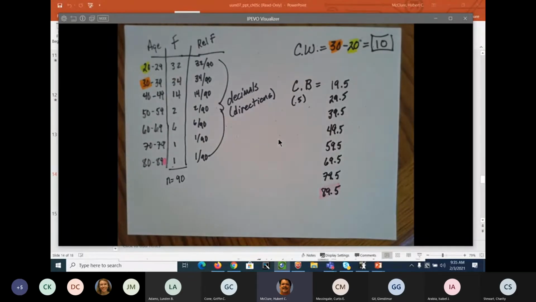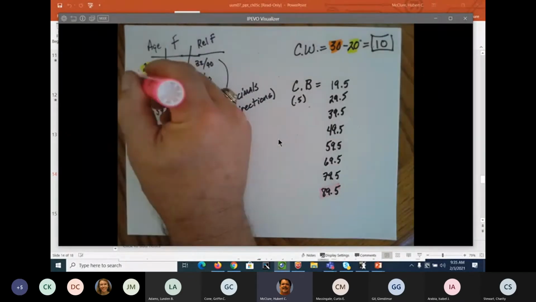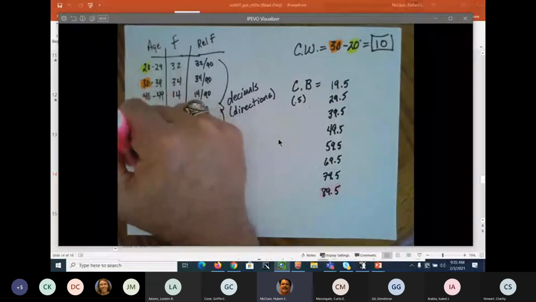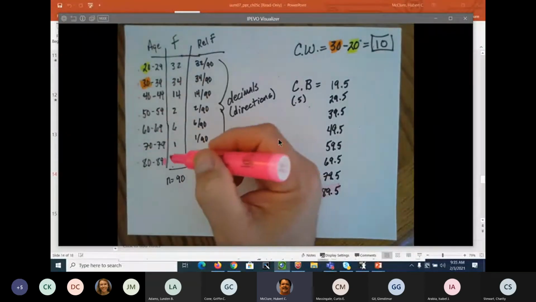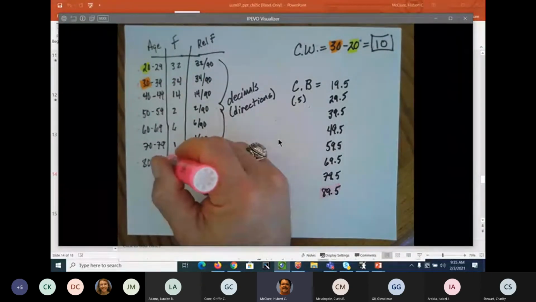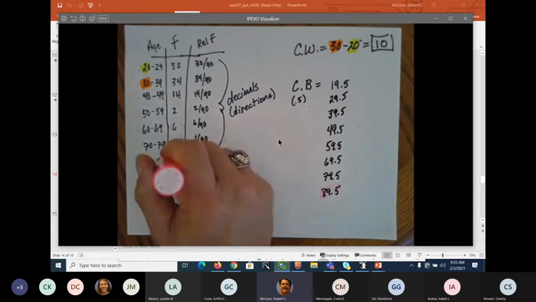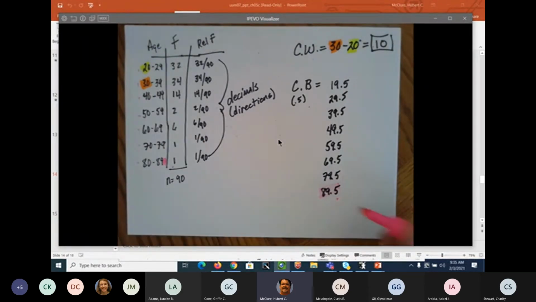Okay, most of your class boundaries fall right here, right here, right here, right here, right here, right here, right here. But some test questions and some homework questions may have an extra blank when you type in all the class boundaries and you don't know what that extra blank is for. Well, they're wanting this one right here, which would be 89.5.